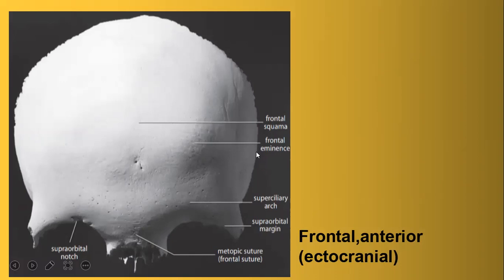Otherwise, we have other parts which maybe I didn't recognize from the previous images. There is the frontal eminence, we have the superciliary arch, we have the supraorbital margin. I did show you that. The supraorbital notch, I did as well. Then we have the metopic suture or frontal suture. We did mention that.